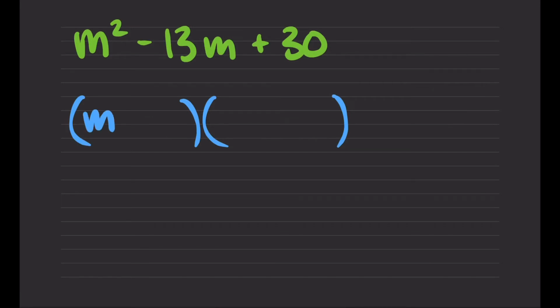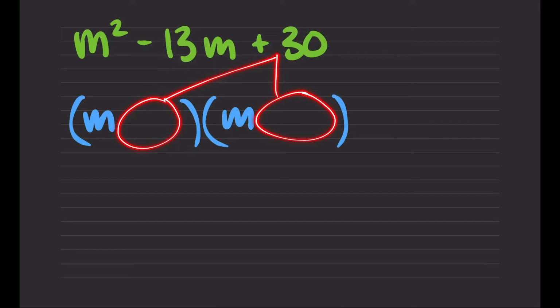I'm going to have m plus something or minus something, and m plus something or minus something over there. The trick is I need to find two numbers. One number goes here, another number goes there. They need to multiply together to get 30, and they have to add together to get negative 13.